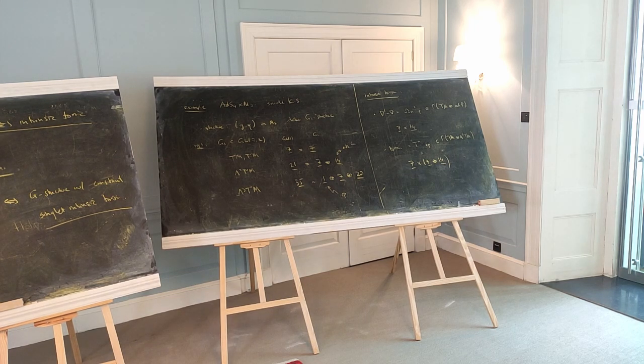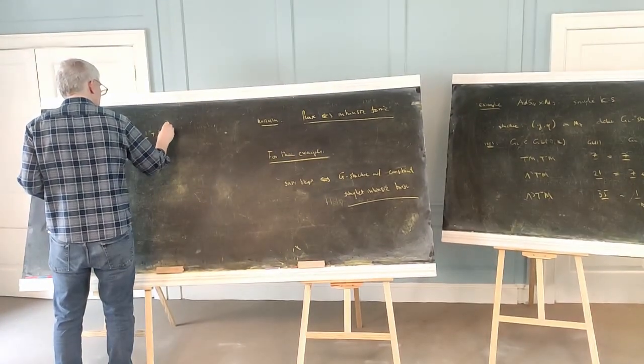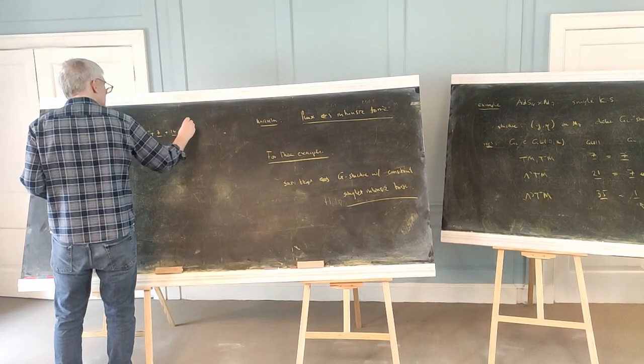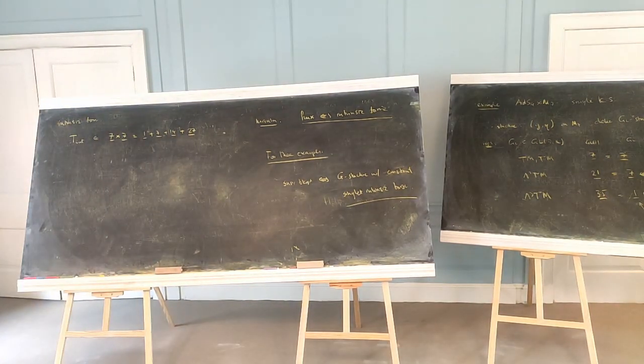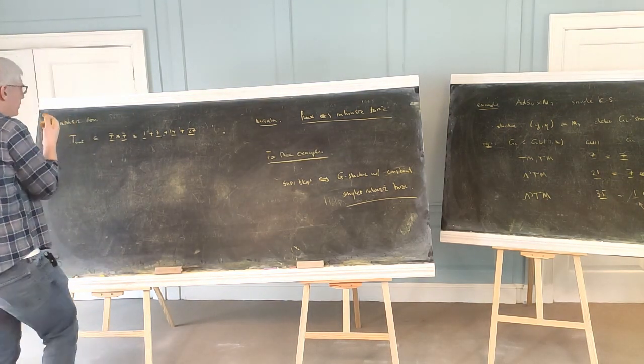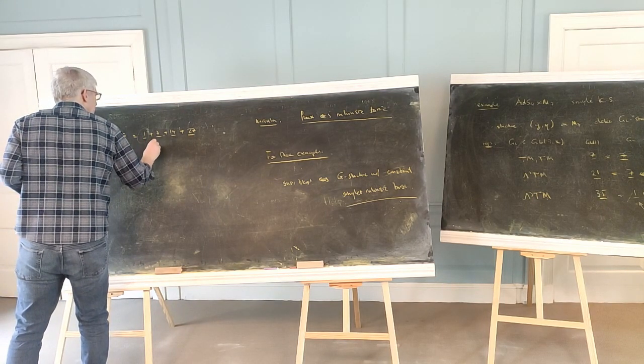And if I look at the tables for G2 and work out the tensor products, that's given by 1 plus 7 plus 14 plus 27. So you notice that there's a singlet there.